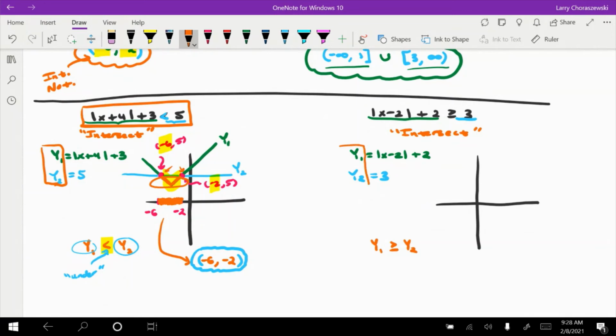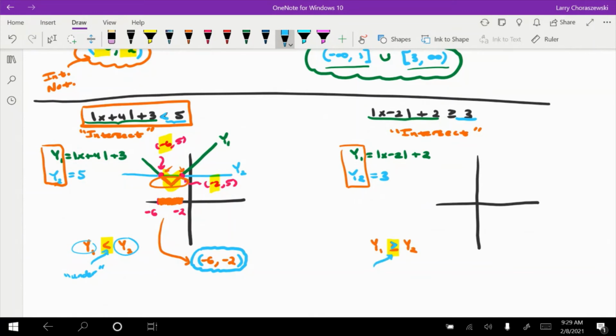Okay, so you would get the two graphs of y1 and y2 going. You'd also want to find their points of intersection. But remember, that's not all that you have to do. You have to determine which parts of y1 are relevant to the problem. Now, less than tells us to look for parts that are under the graph of y2.